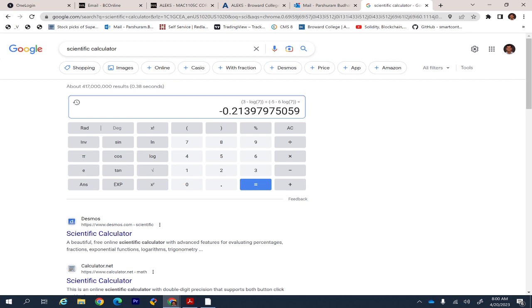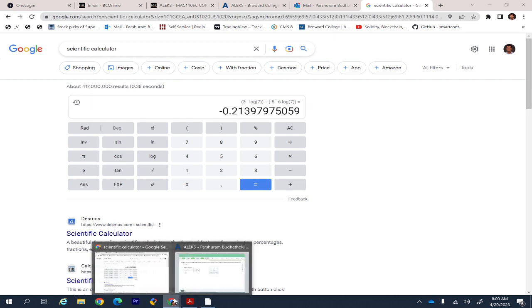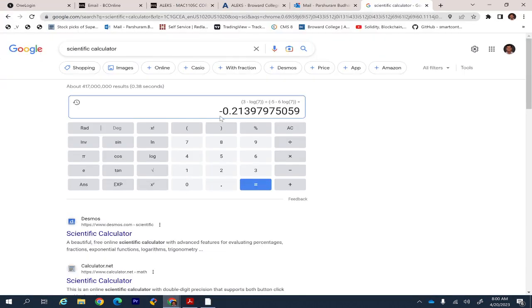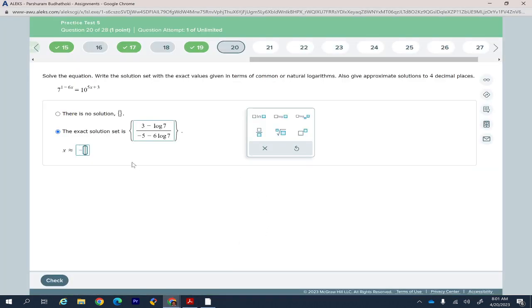That gives me negative 0.2139, and round to 4 decimal places. If you want to round it to 4 decimal places, it would be negative 0.2140.